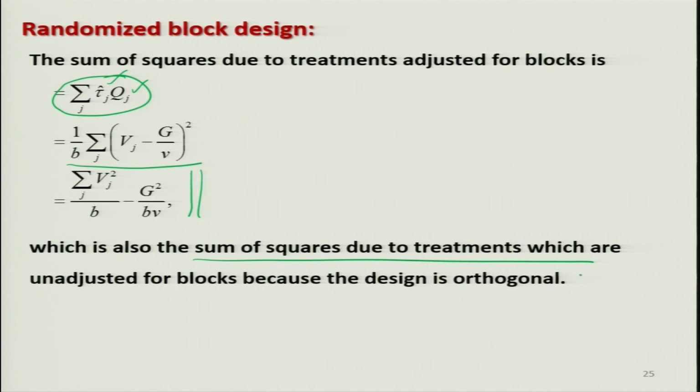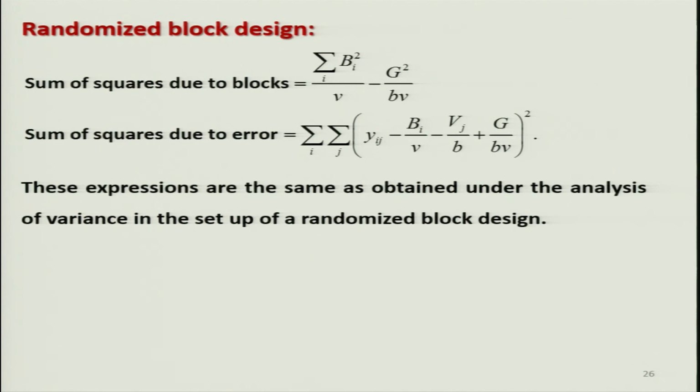Why? Because this design is orthogonal. And the sum of squares due to blocks, if you try to recall the way we obtained it in the case of analysis of variance in the incomplete block design, is the same quantity, summation bi square upon v minus g square upon bv, and the sum of squares due to error, SSE, was obtained simply by the remaining quantity.